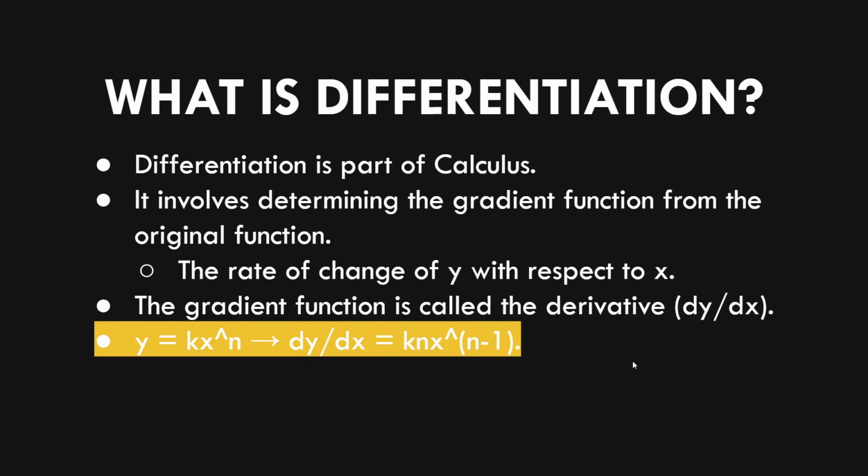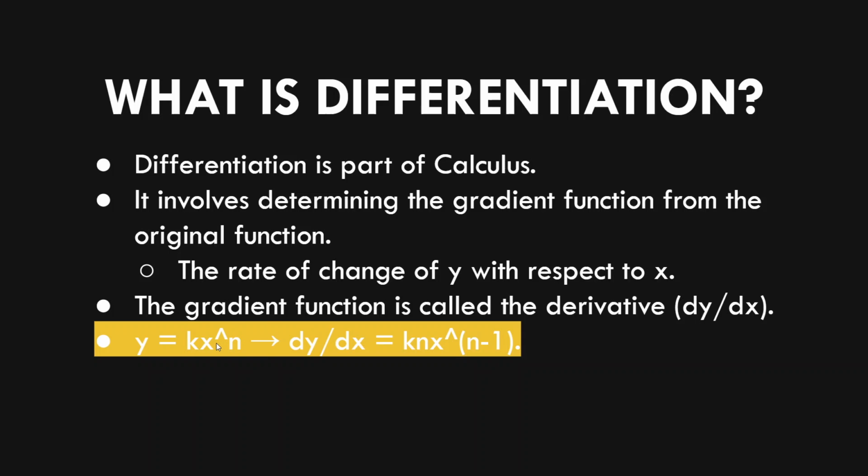So what is differentiation? Differentiation is a calculus topic, and it involves determining the gradient function from the original given function. This represents the rate of change of y with respect to x, and it's usually called the derivative, usually denoted by dy over dx. So how do you differentiate a given function?